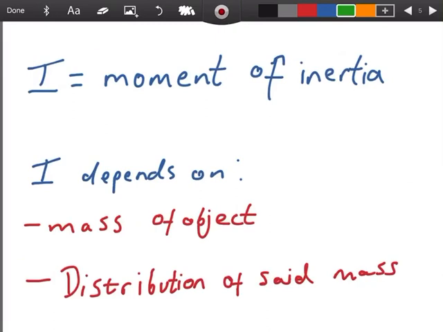Think about this: if you have a huge metal ball, it's really hard to get that to move, and really hard to get it to stop. So it's harder to change its state of motion than a really small metal ball. Inertia is how reluctant something is to change its state of motion, and the moment of inertia is how reluctant an object is to change its angular state of motion.